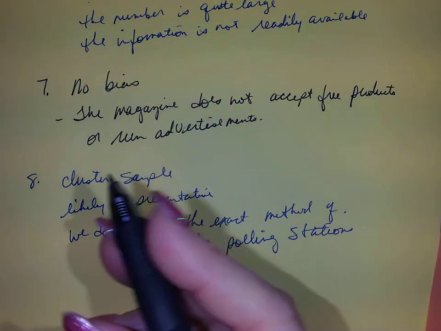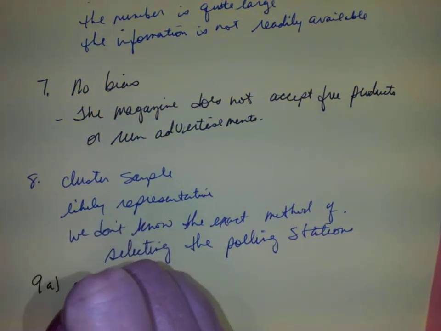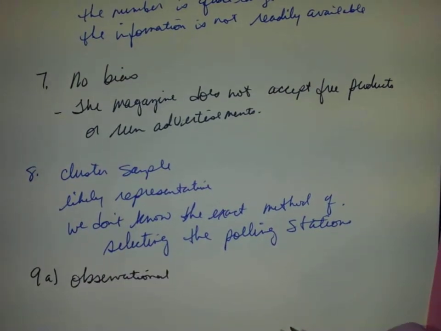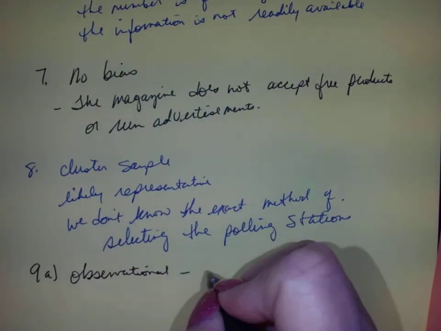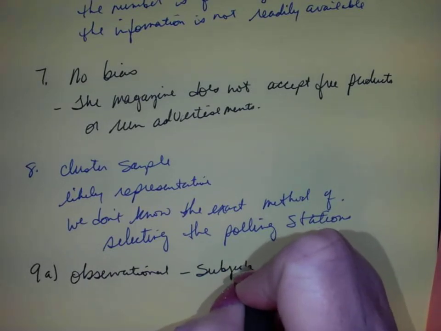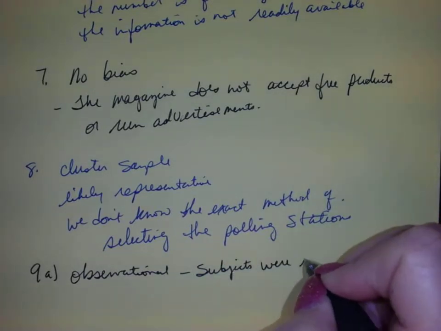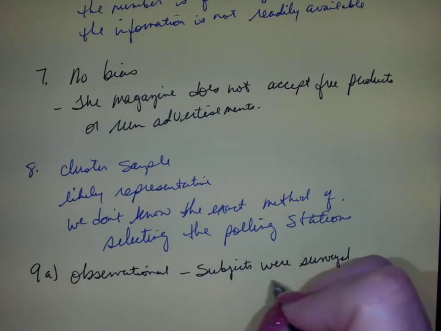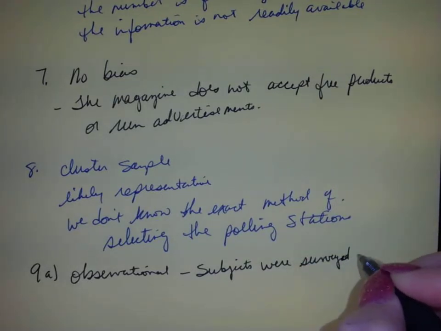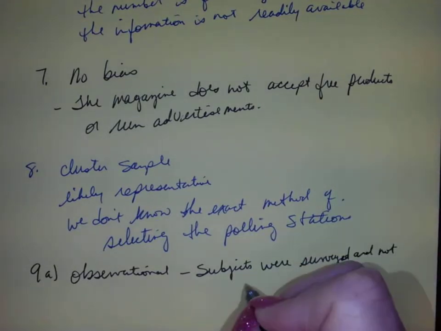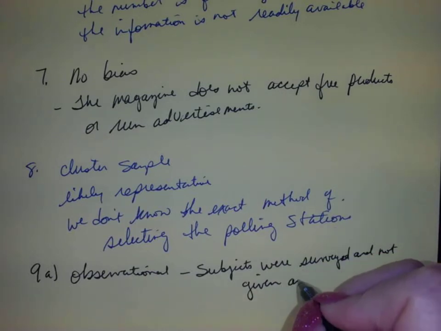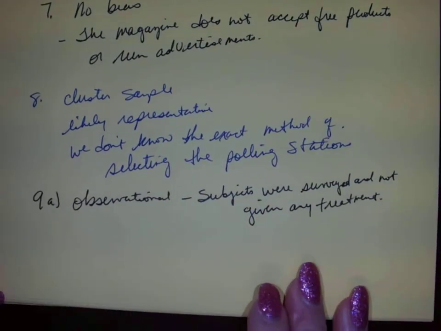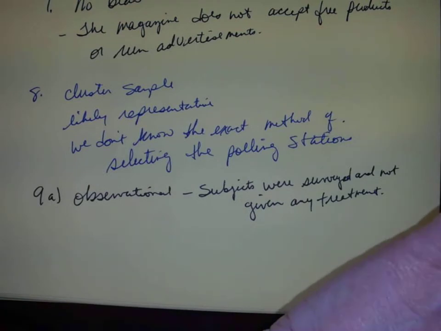So this one will be observational for part A, and the subjects were surveyed and not given any treatment. Okay? There also wasn't a lot of data from somewhere else.